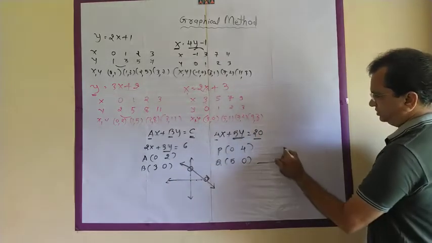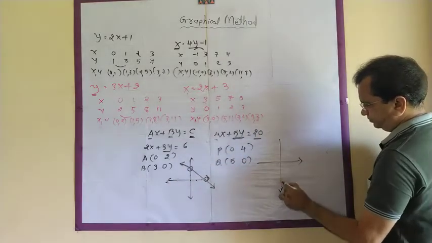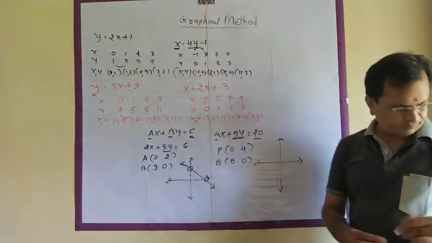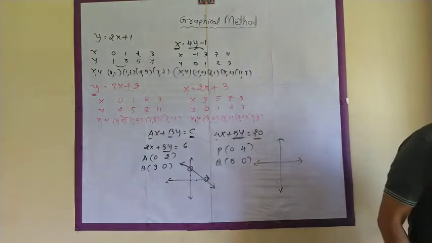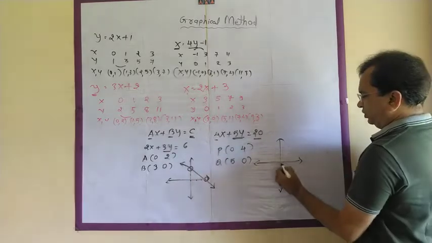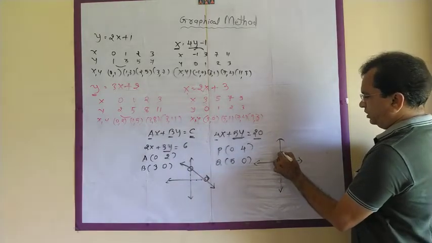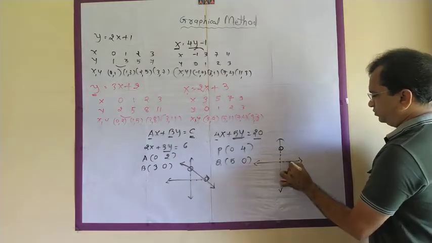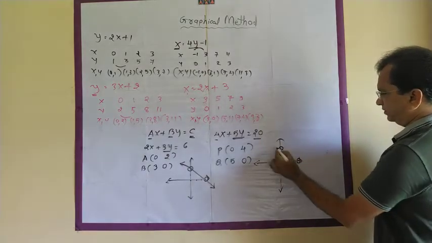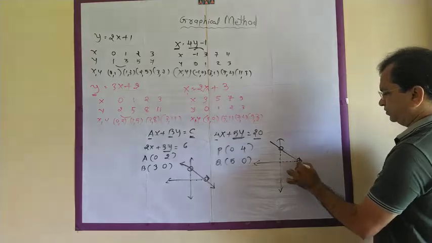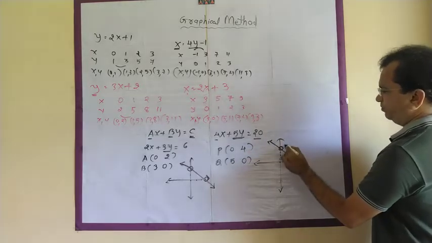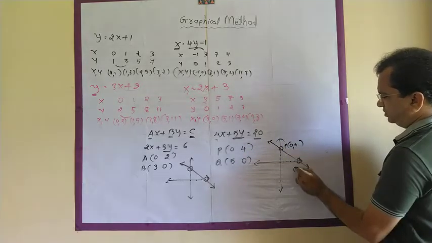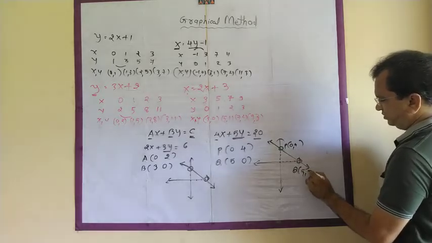So how to draw this? 0, 4: 0, 1, 2, 3, 4. 5, 0: 0, 1, 2, 3, 4, 5. So this is your P, that is 0, 4. This is your Q, that is 5, 0.